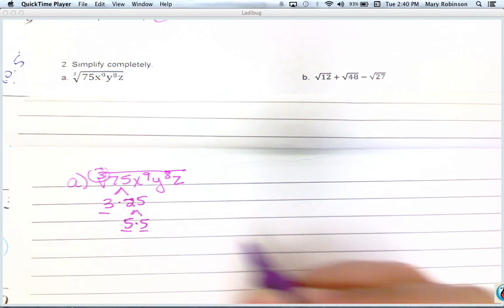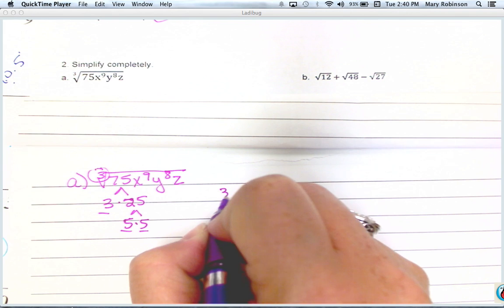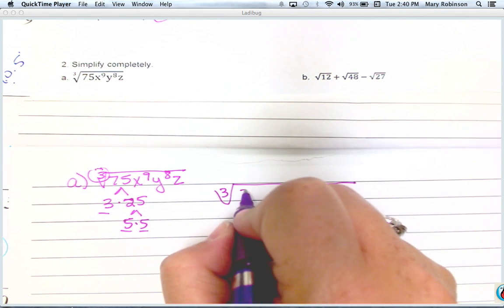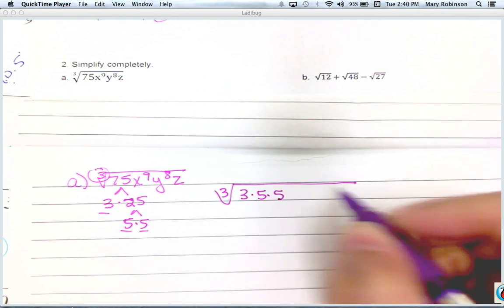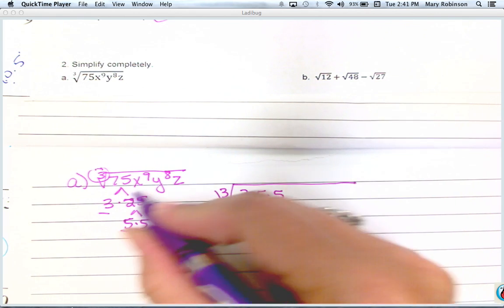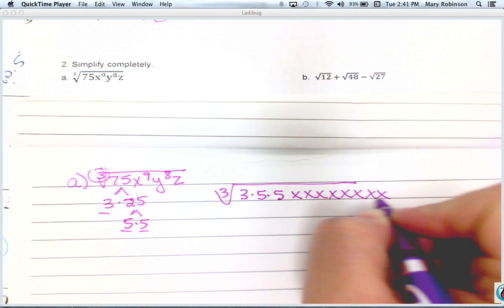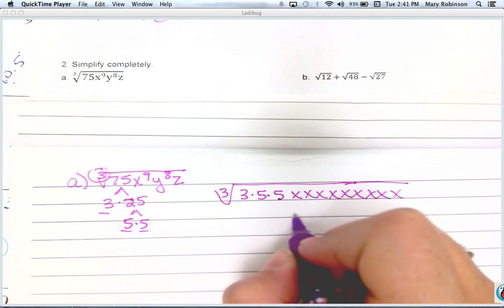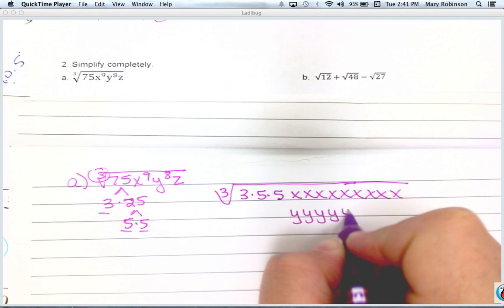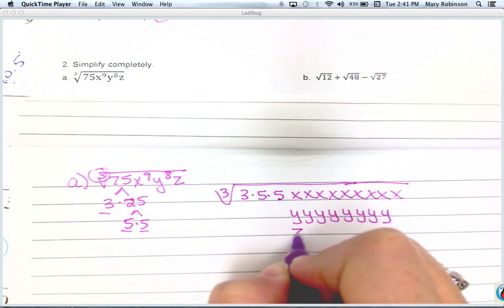our radicand. So this is really the cube root of 3 times 5 times 5, and then 9 x's, eight y's, and 1 z.